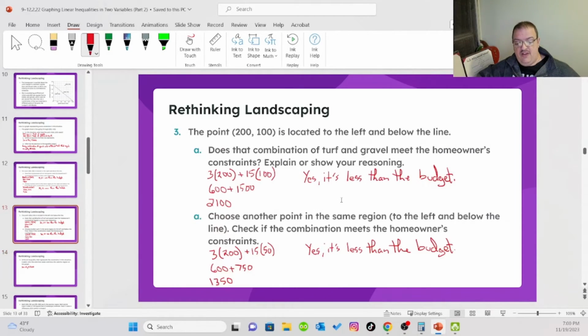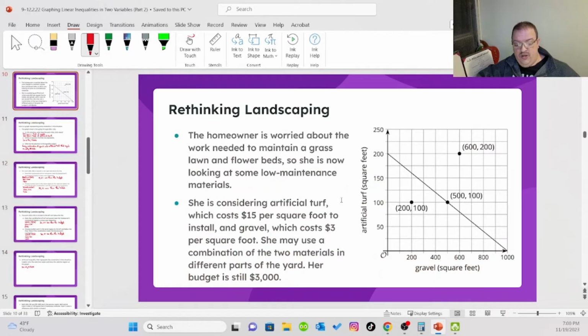And if we graph that, we are counting every point on the line because that equals 3,000, and we're counting every point below and to the left of the line because that is less than 3,000.